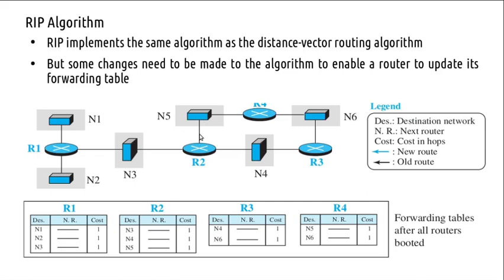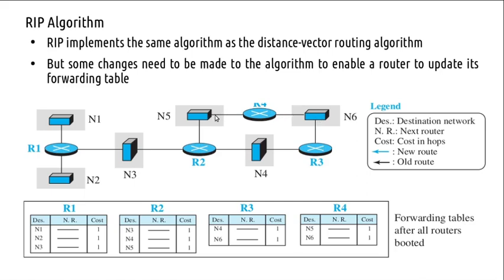R2 gets an update about this. It says its cost to reach N5 would require a hop like this: 1, 2, 3.